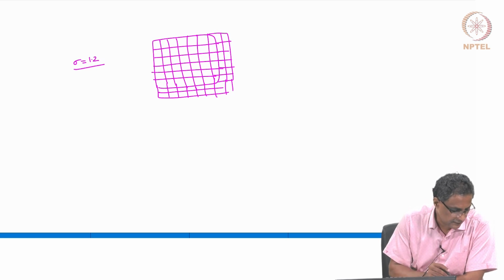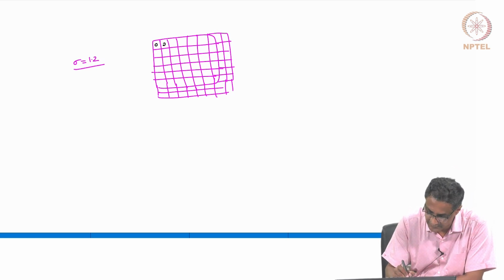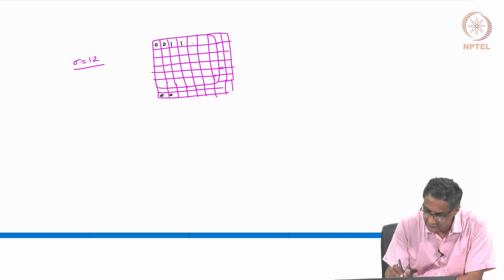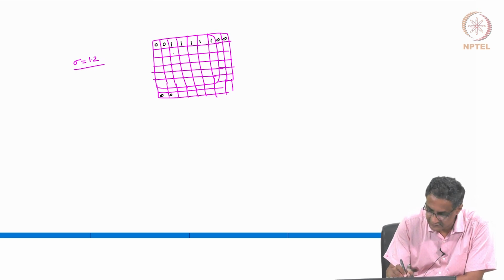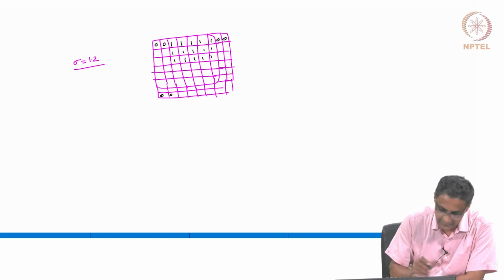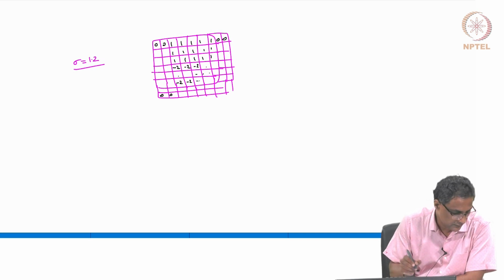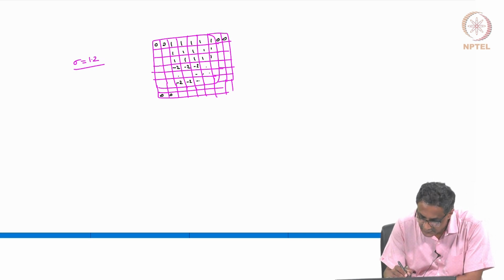The middle here is all zeros, these two columns. In between, it has four ones, and then again these two are zeros, and then this repeats. Then you have minus 2, minus 2, minus 2, and then again minus 2, minus 2. I think there are only 3, it looks like I missed a row.